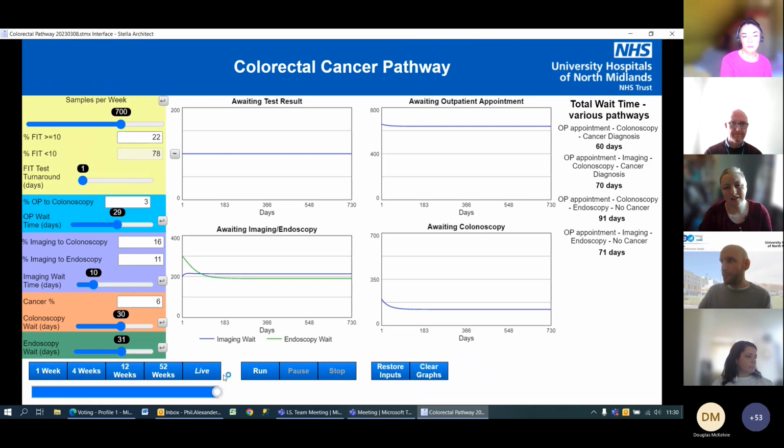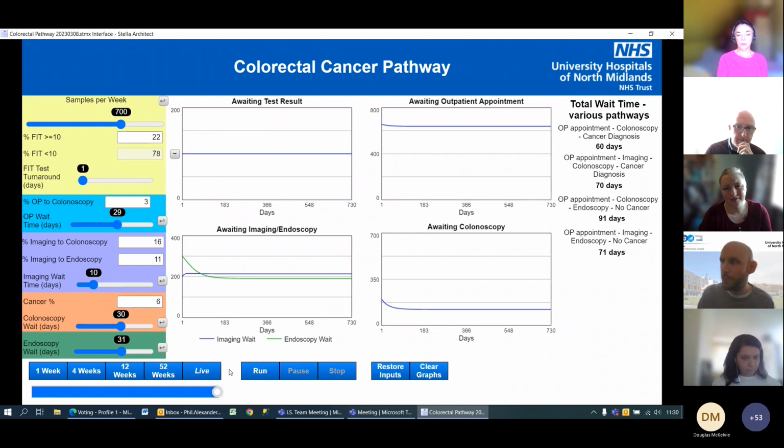When I created this, I wanted to make it as compact as possible, which I think is why I've only ended up with one page. The outputs that I wanted were the number of patients in each stock, in system dynamics terms, so the number of patients waiting at various stages in the pathways.